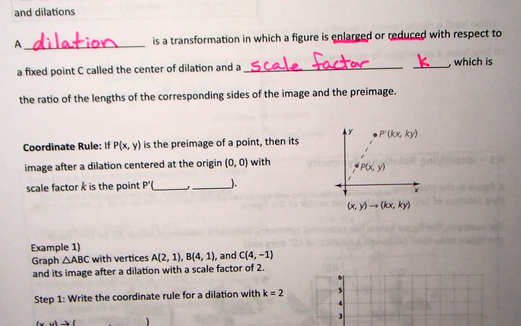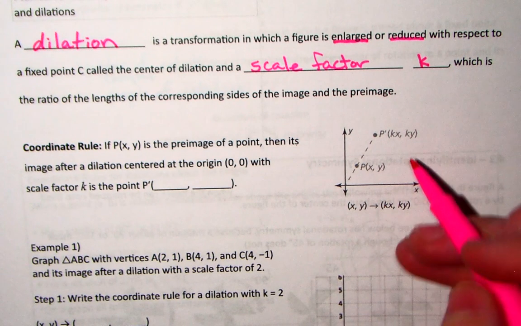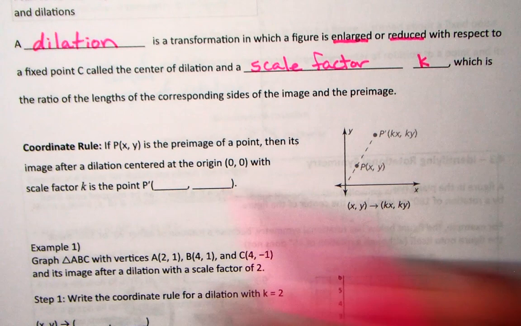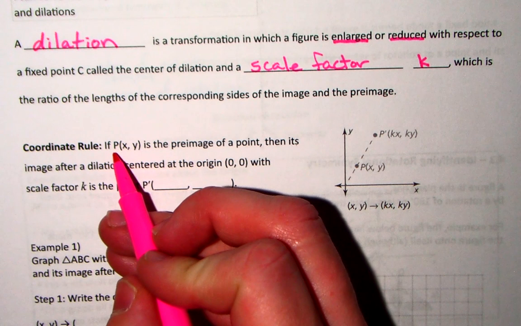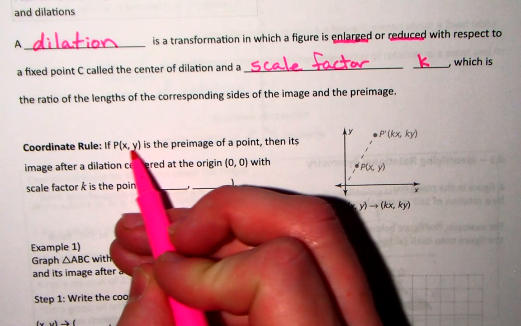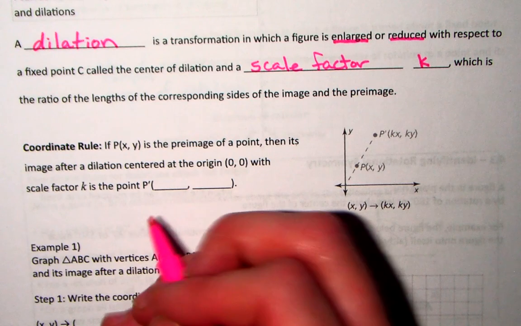So we have something called the coordinate rule, and this is sort of just putting dilation into generic terms. So we're saying if some point P is at the coordinates x, y. We don't know where that is, but just some coordinate x, y.